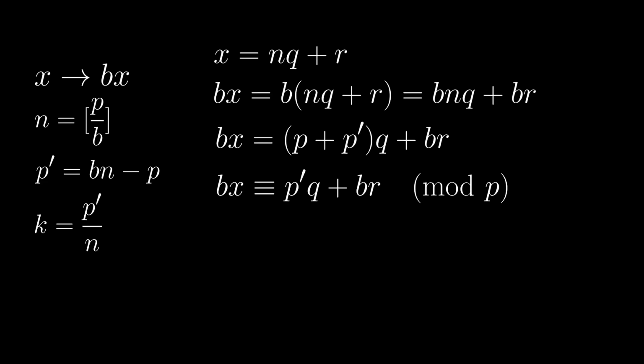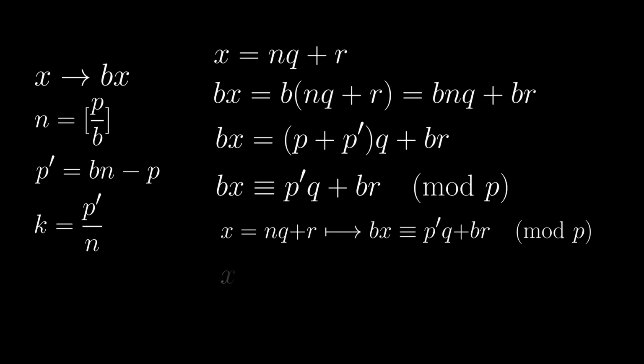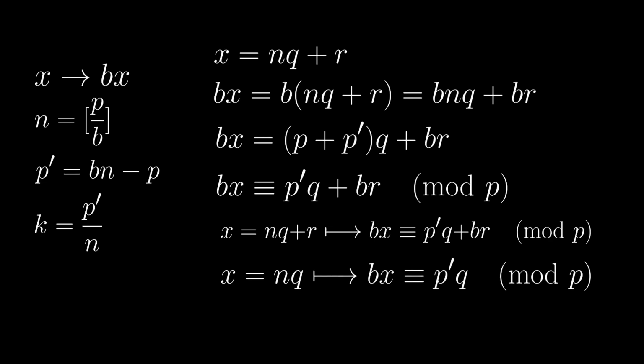So, after this operation, any starting point and ending point have the following relationship. The starting point has label x equal to nq plus r, and the ending point has label bx equivalent to p'q plus br. To understand the shape of the envelope, it is enough to first ignore the remainder r and look at the dominant term. Then, the map reduces to x equals nq mapping to bx equivalent to p'q modulo p.